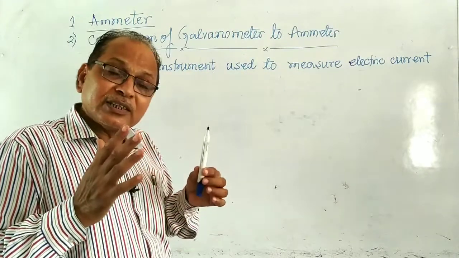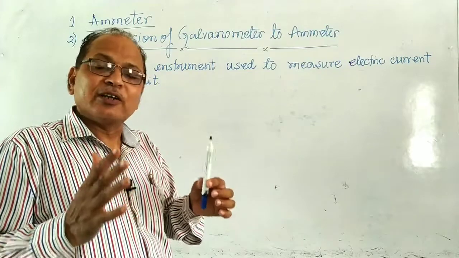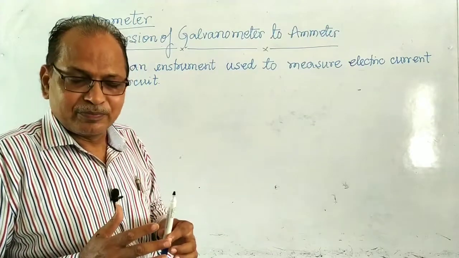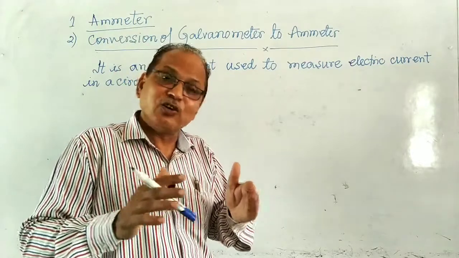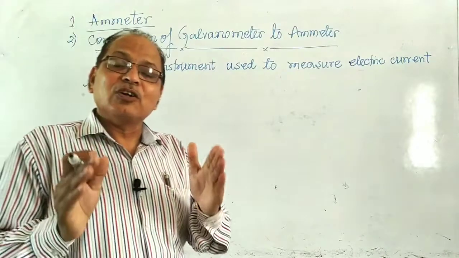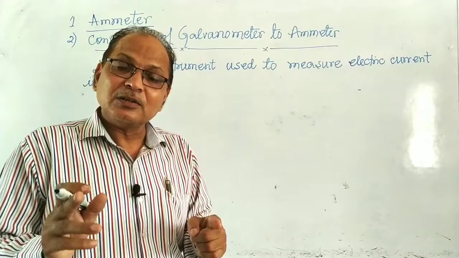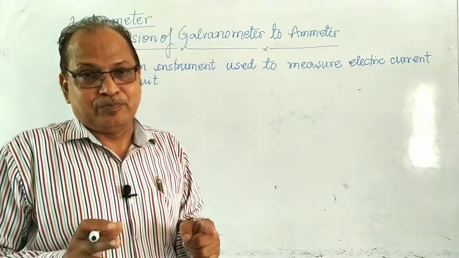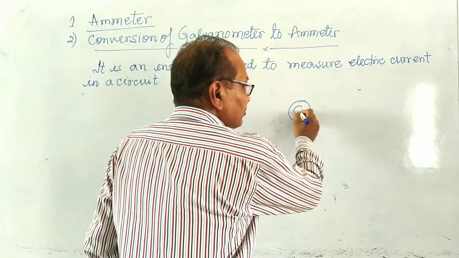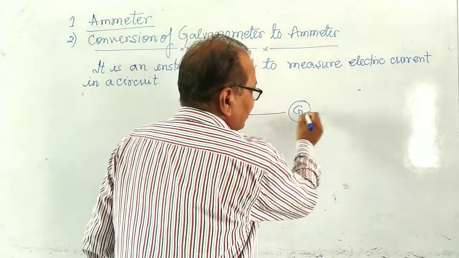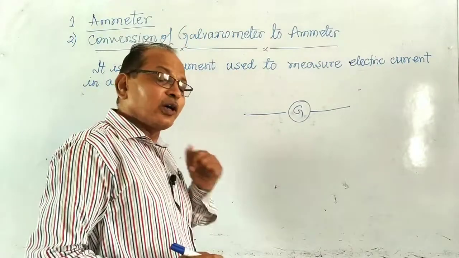Therefore, that galvanometer cannot measure the accurate amount of current. So we have to decrease the resistance of the galvanometer, and it can only be decreased if you connect a resistance in parallel across it. Suppose this is a galvanometer and you want to convert it into an ammeter. So what do you have to do?